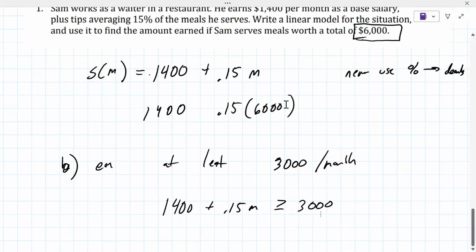Okay, now could you solve this inequality for us, please? 10,666.7.